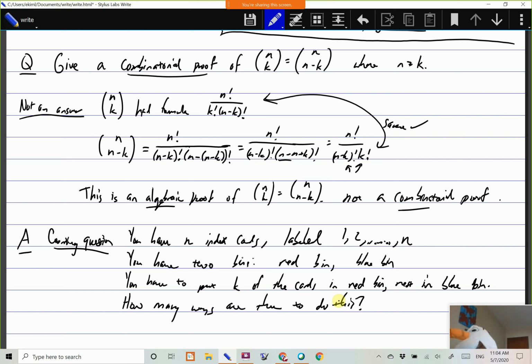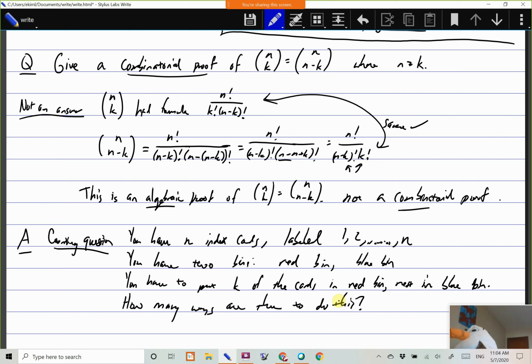In fact, using the same formula, the right side, n choose n minus k. You've got to take a look at the formula that was just mentioned, what the binomial coefficient turns into, and plug in n for n and plug in n minus k for the k.